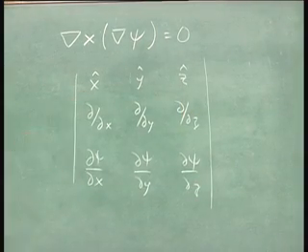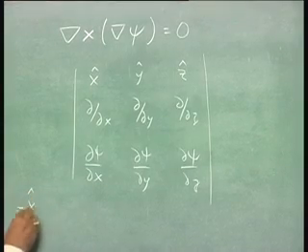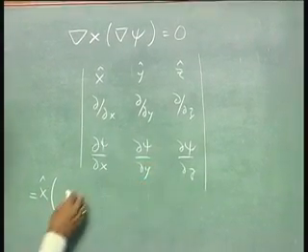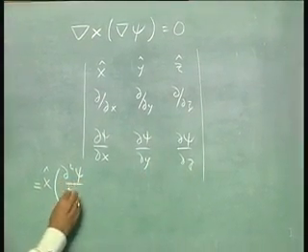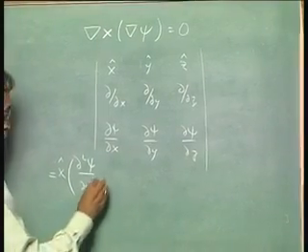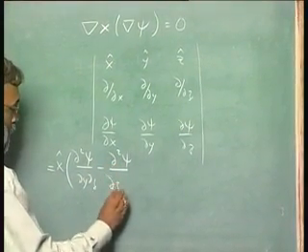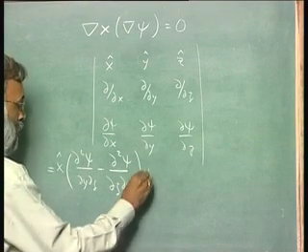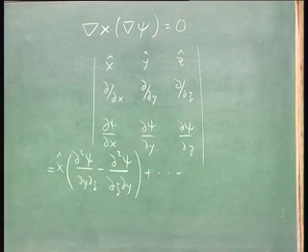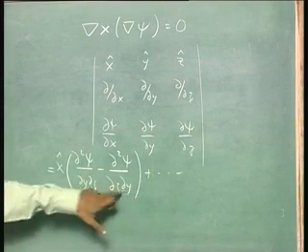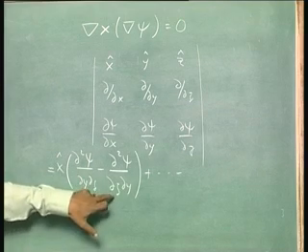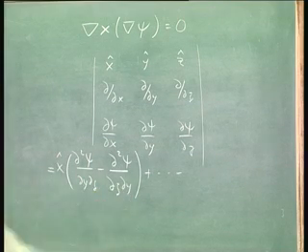So, if I take say the x component, it is equal to del squared psi del y del z minus del squared psi del z del y plus two other terms. And once again, because del y del z is the same as del z del y, this is 0.